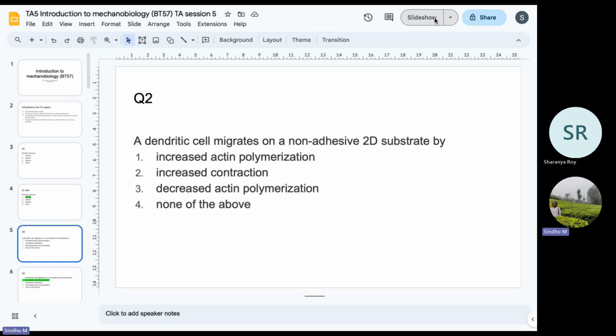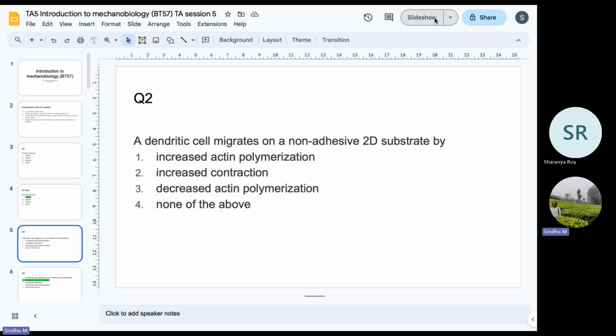Yes, the second question answer is correct. When it comes to migration, there are three main processes: polymerization, the triangle model that Sir was describing, protrusion, adhesion, and contraction.